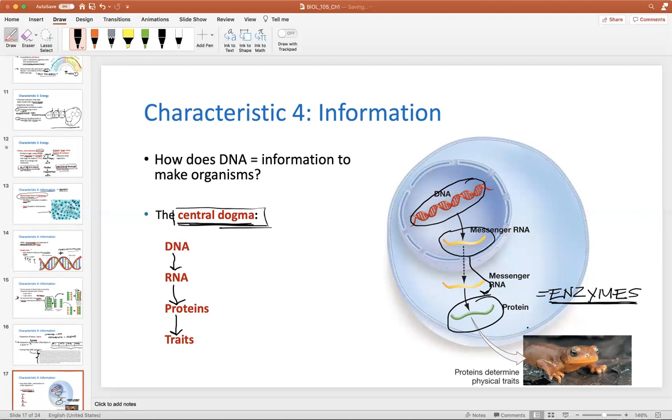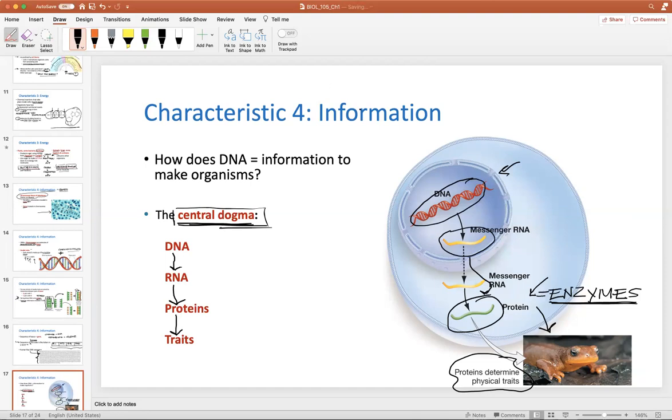So enzymes are able to do things like make red skin pigment in this newt. See how this newt is red? So it's these proteins that determine physical traits, okay? So for example, the reason that you might have brown or blue eyes is because you have a gene that codes for a protein or an enzyme that makes a brown or a blue pigment, okay?